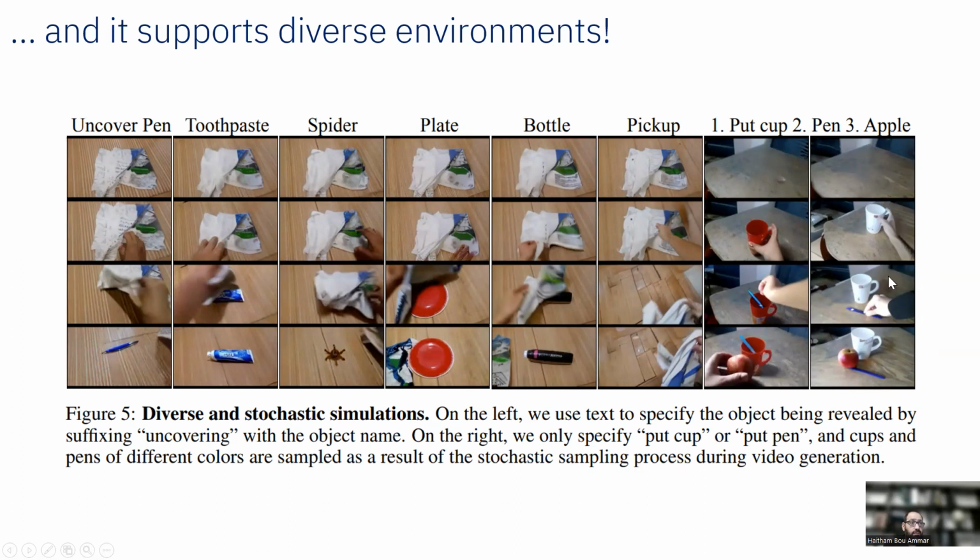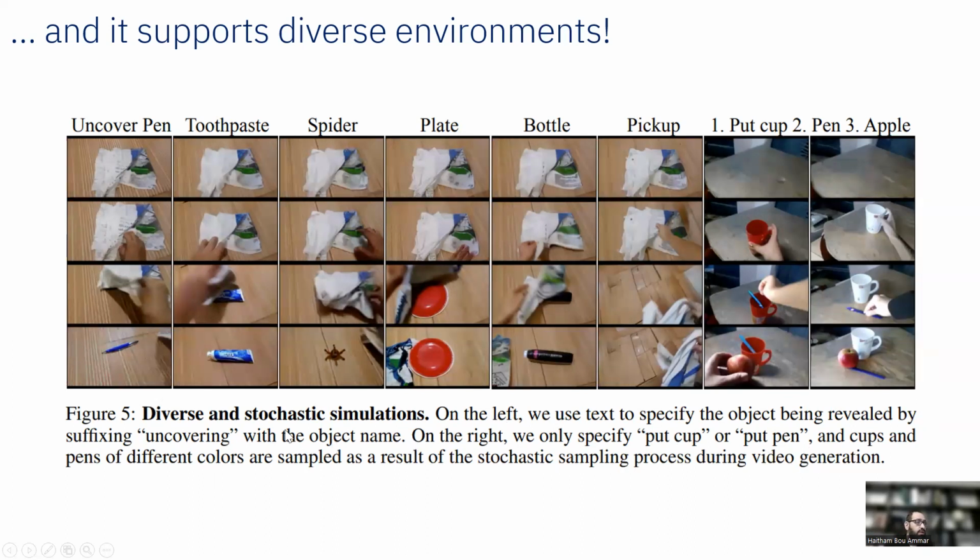Or you can say put an apple somewhere, and that's also what you would see there. So you can say put cup or put pen, and the cups and pens of different colors are sampled as a result of the stochastic sampling during the video generation process.